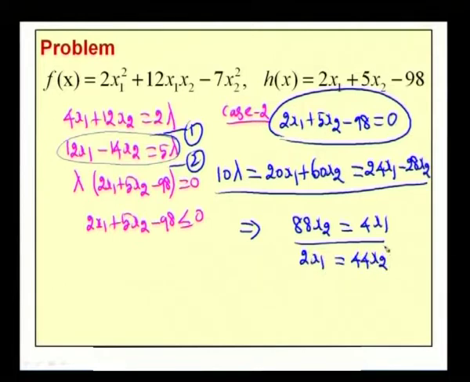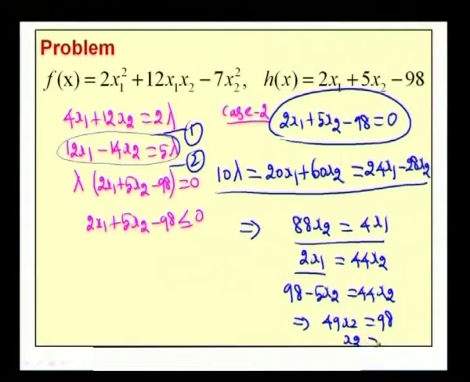From the other equation, 2x1 is nothing but 98 minus 5x2. So, instead of 2x1, I substitute 98 minus 5x2 equal to 44x2. From this we have 49x2 equal to 98, so our x2 value is 2.